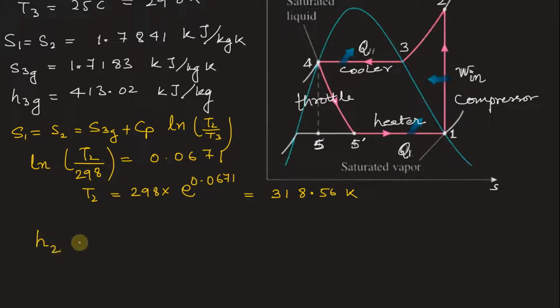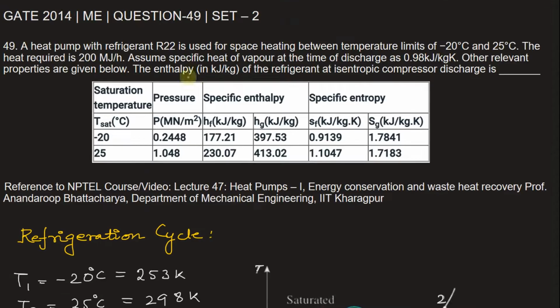So enthalpy at 2 will be equal to H3G plus Cp into T2 minus T3. Okay, so H3G is given, 413.02 plus Cp. Now let's check if Cp is given. Okay, so the specific heat of vapor at the time of discharge is 0.98 kilojoule per kilogram Kelvin.